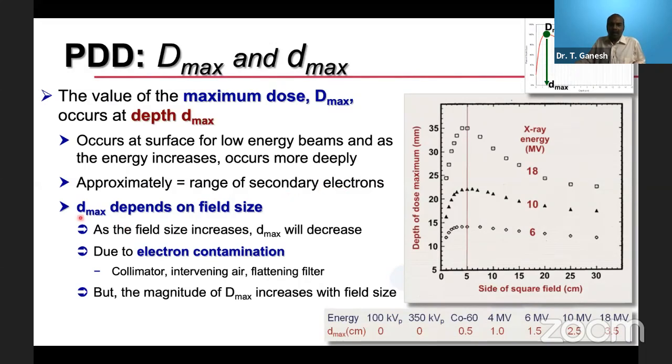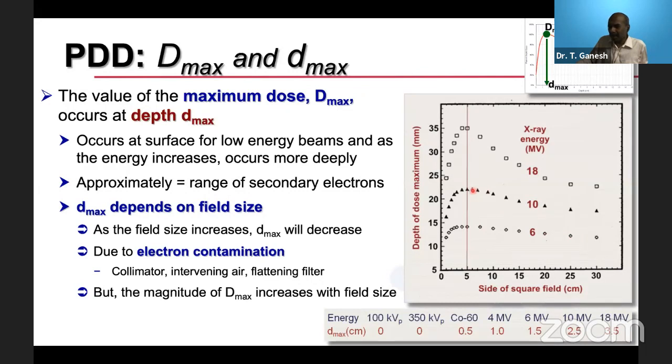Now, the depth at which the dose maximum occurs depends on the field size. As a simple thumb rule, as the field size increases, the d max will decrease. You see here, the field size is increasing, and the depth at which the maximum dose occurs keeps reducing. For 6 MV, it is like this.